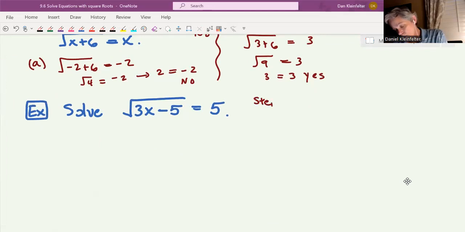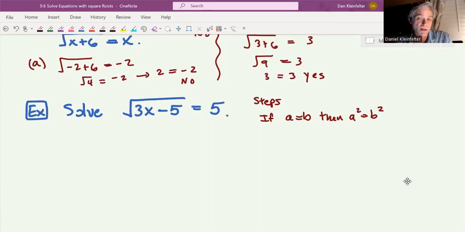So we'll say that if a is equal to b, then a squared equals b squared. If you take the two sides of an equation and square them both, you get two things that are equal. And if you square a square root, that gets rid of the square root sign, and that gives us access to the variable underneath. So we're going to try that with this one, the square root of 3x minus 5 equaling 5.